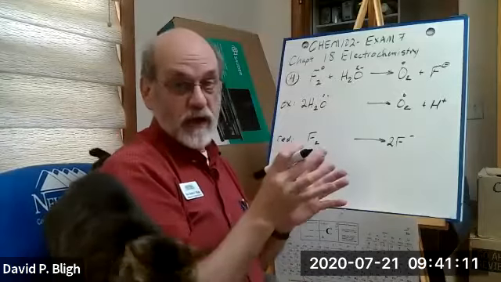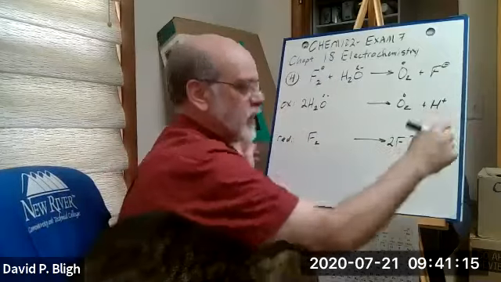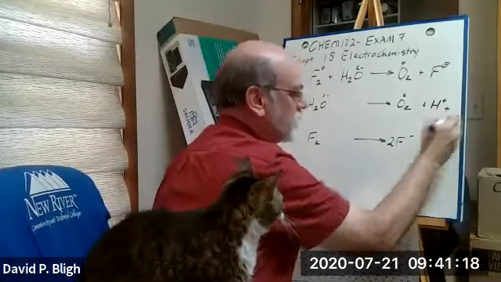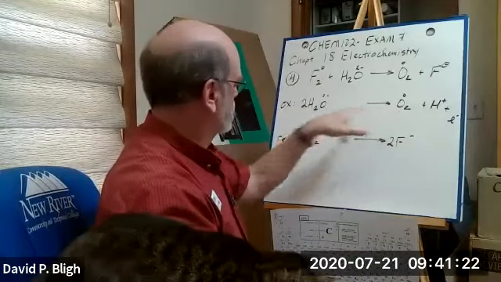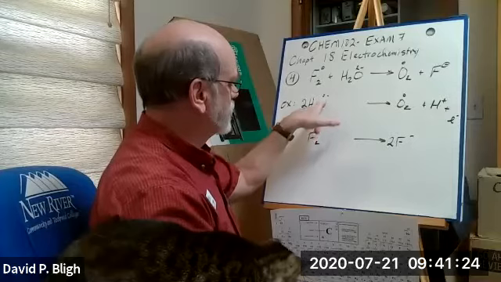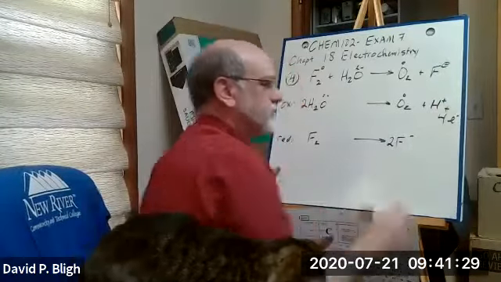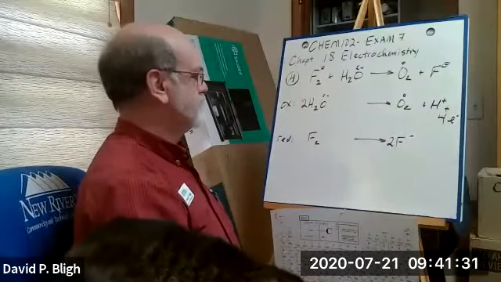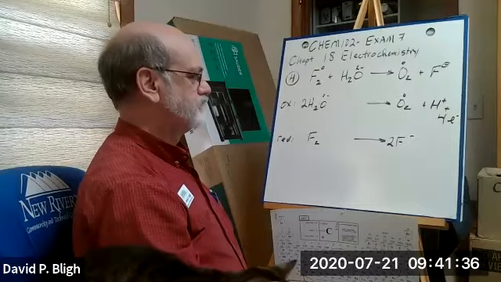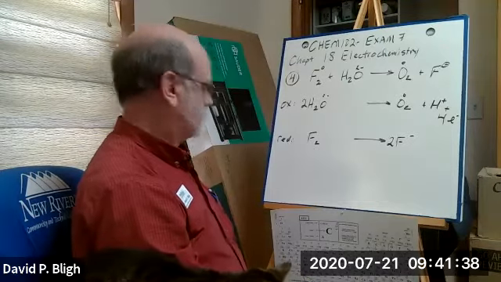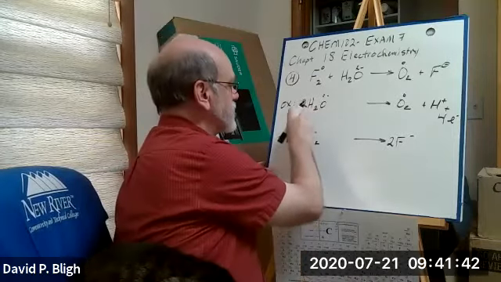Now we do electrons. If this is oxidation, electrons end up on the product side. Question is, how many? Well, we've got 2 oxygens with 2 electrons each. So we need 4 electrons. And let's see, 2, 4.